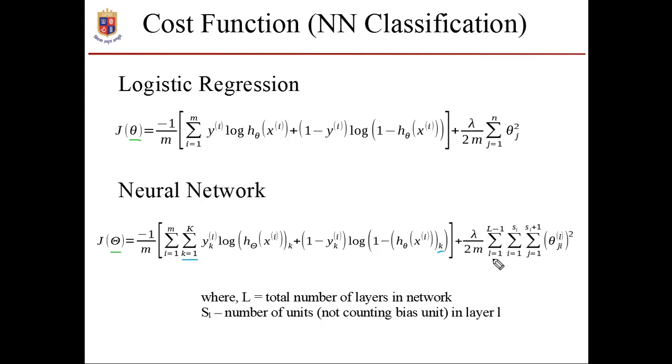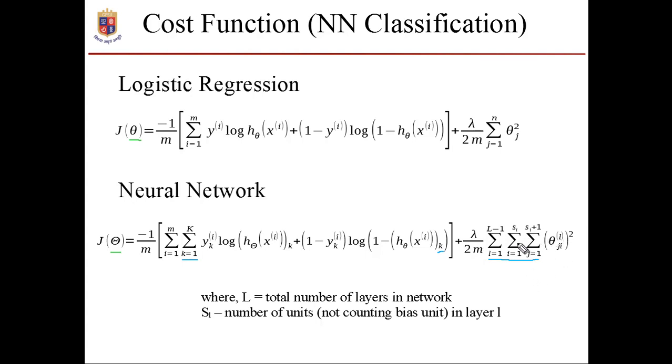And finally, for the regularization term, instead of a single summation, here you have three summations. l = 1 to L - 1, i = 1 to s_l, and j = 1 to s_(l+1) of (Theta_ji^(l)) squared.